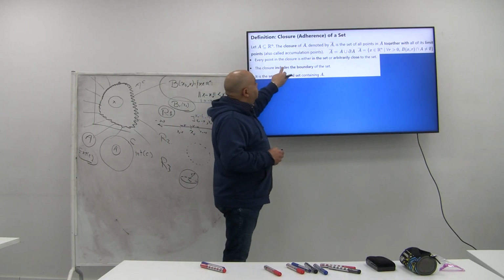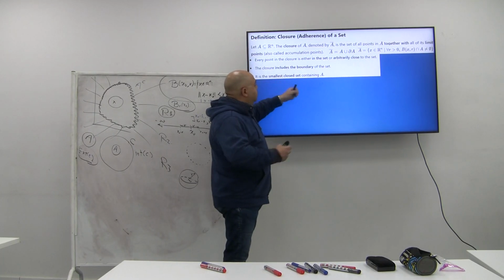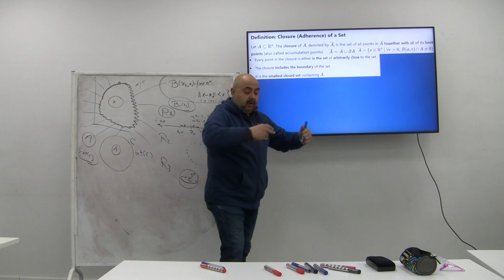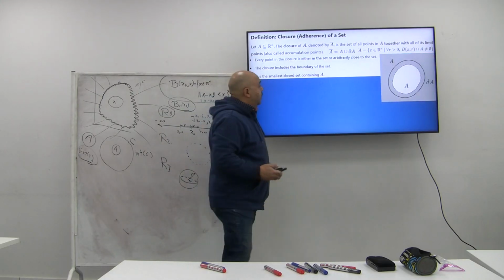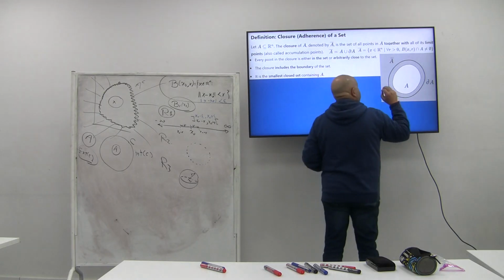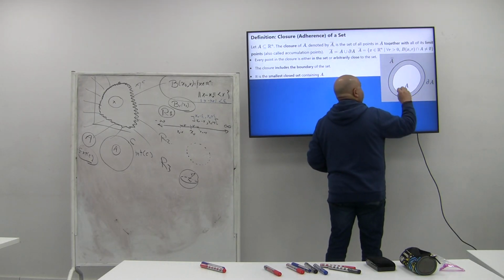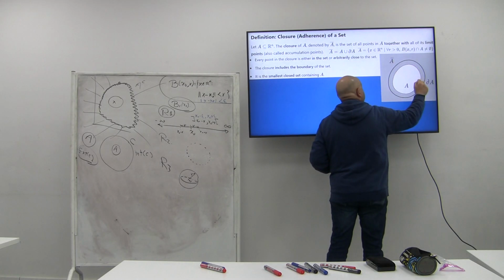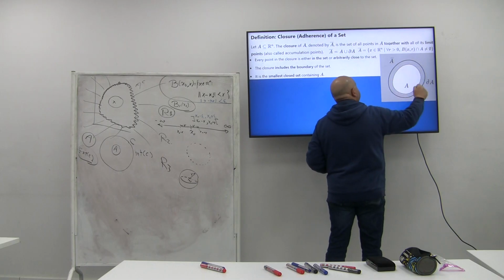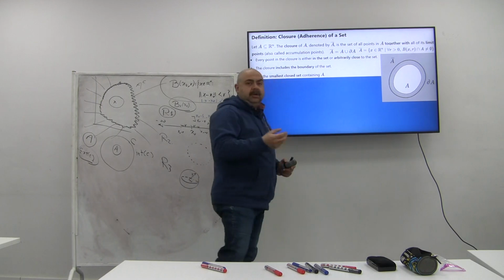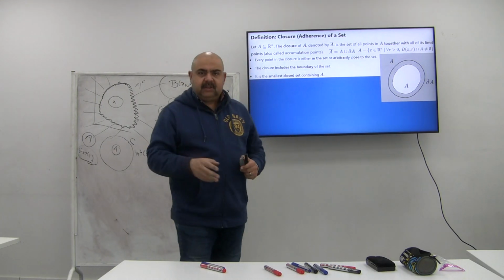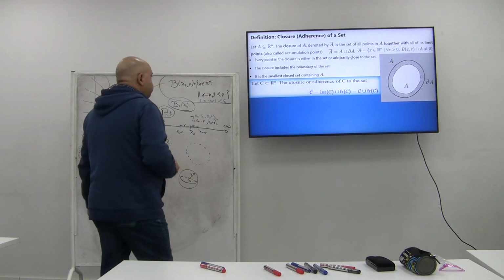The closure includes the boundary of the set, as I told you, and it is the smallest closed set containing A. So if this is A, it is the smallest set that contains A. This diagram shows exactly what we are talking about. This is A and the boundary of it, and if there is a point whose open balls share points with the boundary or A, this is going to be the closure of A.